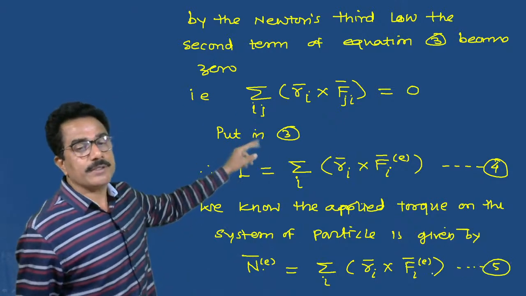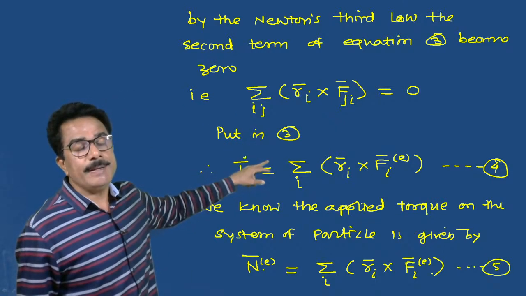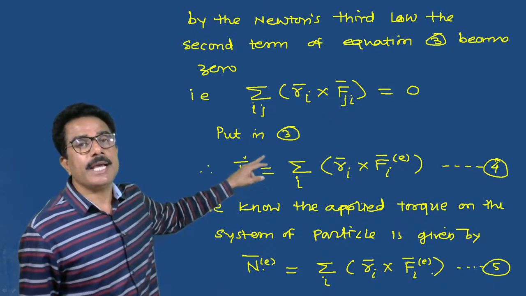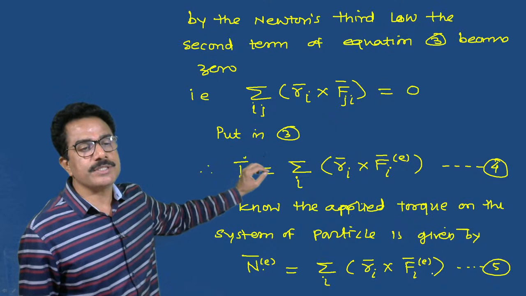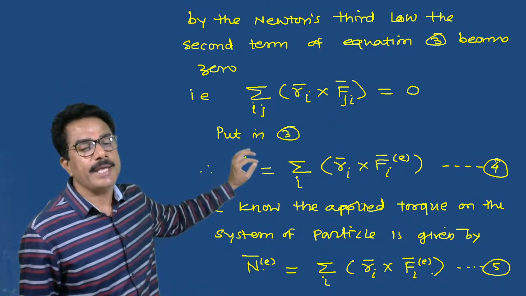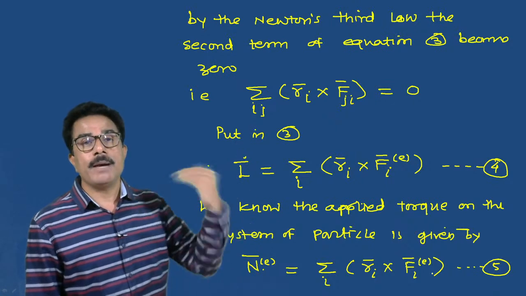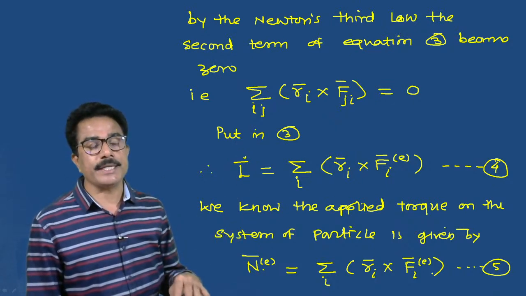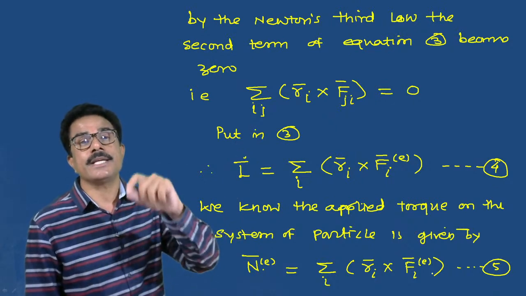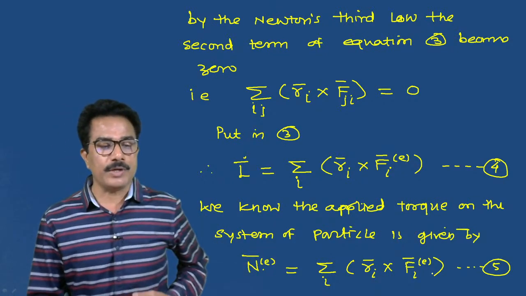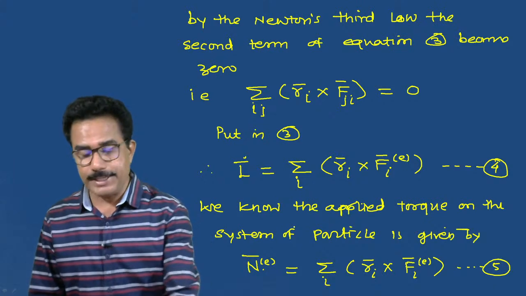From equation 4, L bar dot is equal to summation over i r_i cross F_i external. But we know that the applied torque on a system of particles, denoted by N bar external, is equal to summation over r_i cross F_i^e bar.